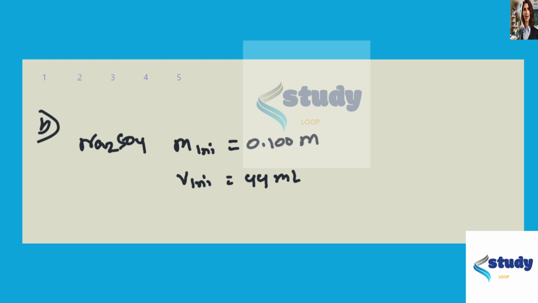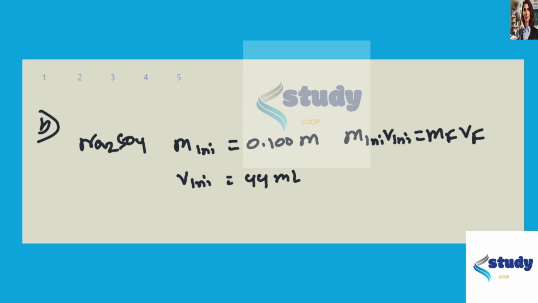What we'll use is M initial V initial equals M final V final. We will use this formula here.